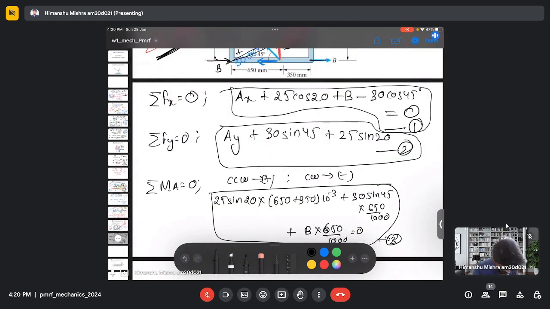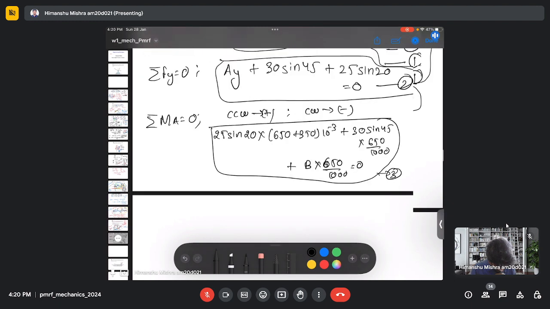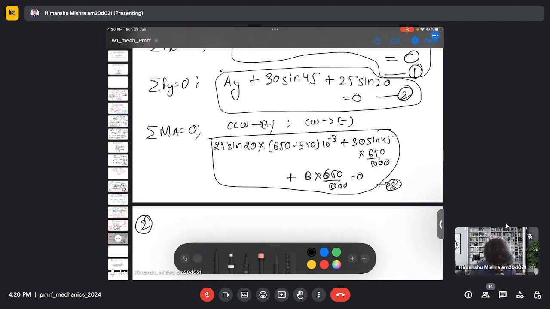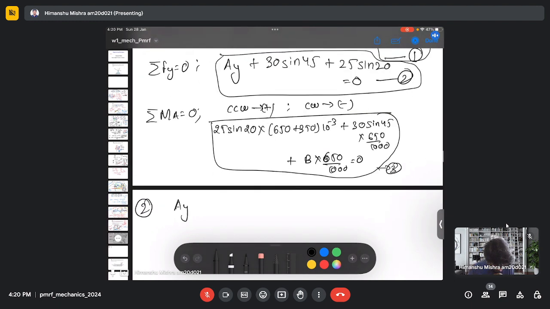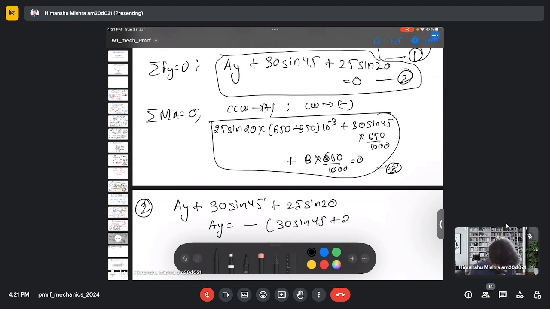So now you can actually calculate it. So first let's consider the equation number 2, which is AY plus 30 sine 45 plus 25 sine 20. So your AY will be minus 30 sine 45 plus 25 sine 20.